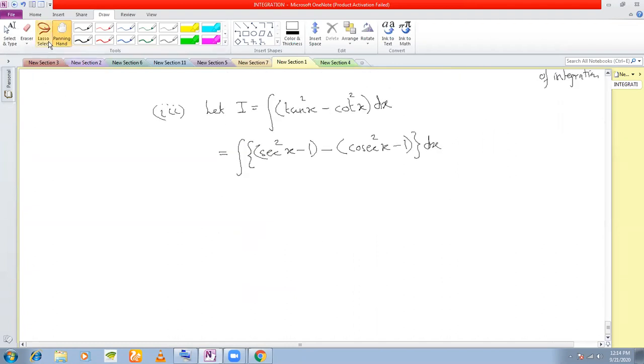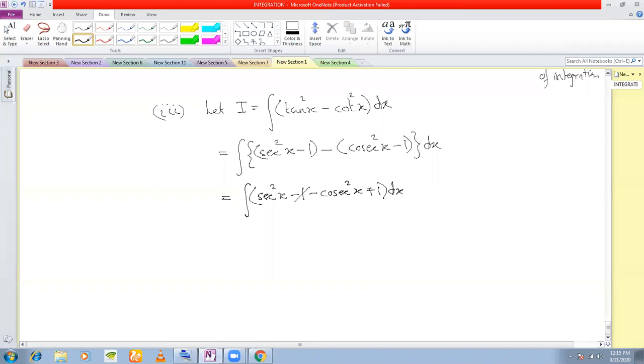Next is integration of sec square x minus 1. Open the brackets. What do you get? The sign changes: minus cosec square x plus 1 dx.